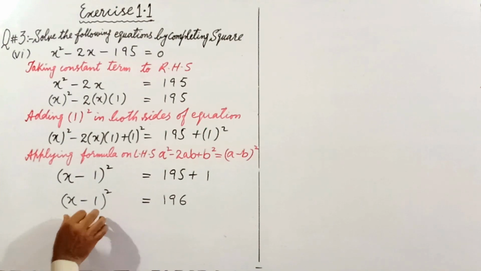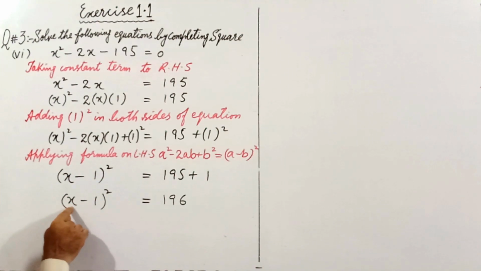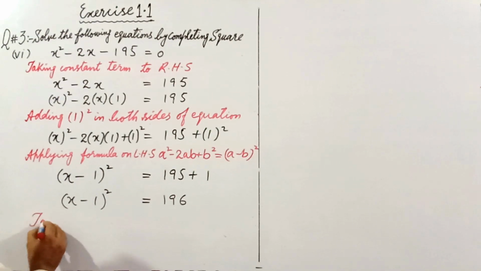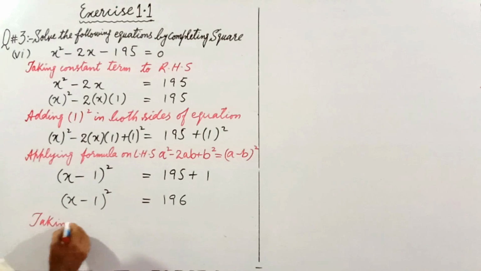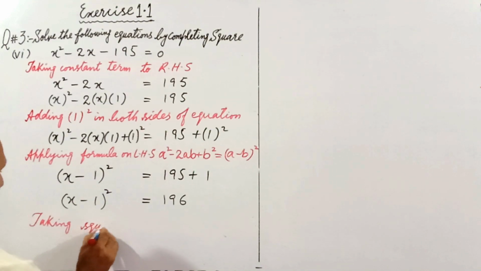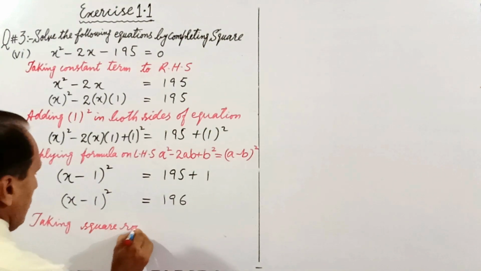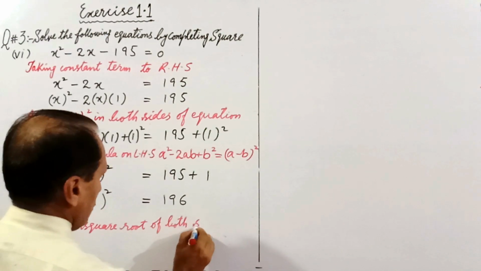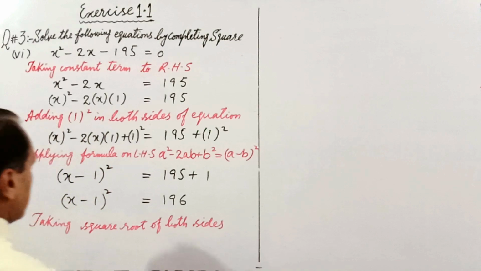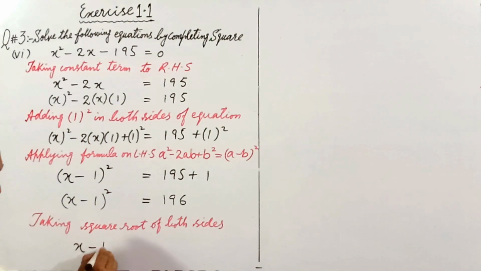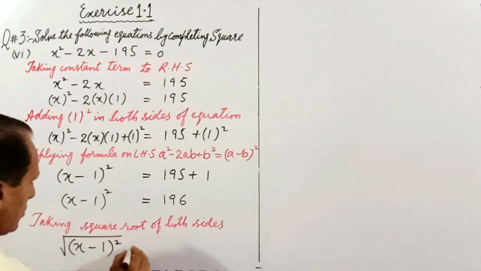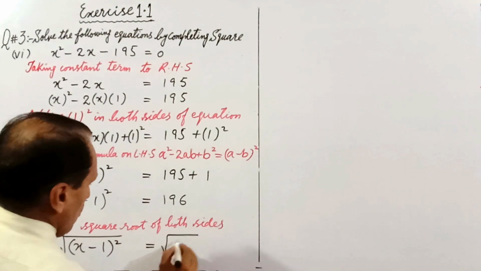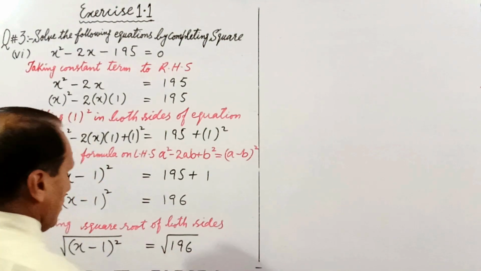As we are required to find out the solution, that is, we have to find out the value of x. So we take the square root of both sides. Taking square root of both sides, we have x minus 1 whole square root is equal to square root of 196 on the right hand side.